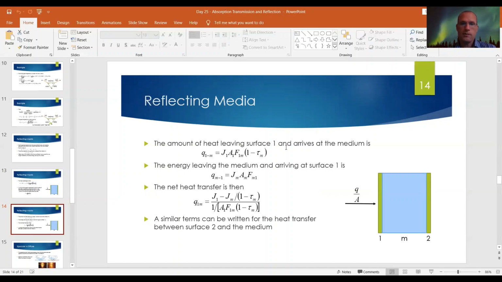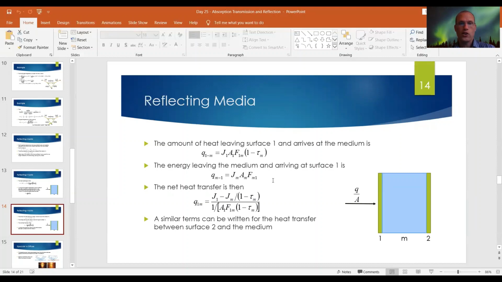So now looking at the medium, the amount of heat leaving surface 1 going into the medium, J1 leaving surface 1, A1 F1m hitting the actual medium, 1 minus tau m is actually the part that hits the medium. Now some of this, unlike last class, where it was entirely absorbed, will now be reflected as well.